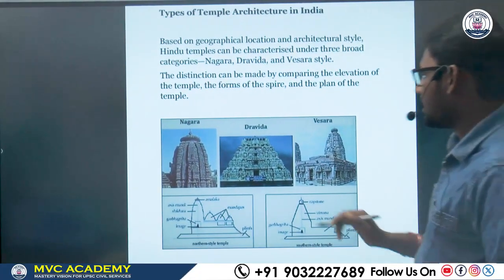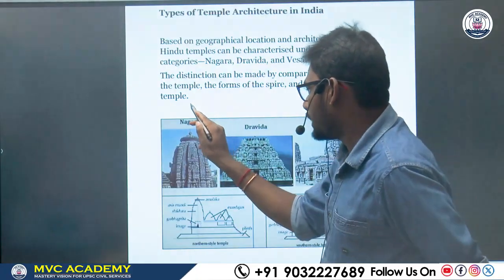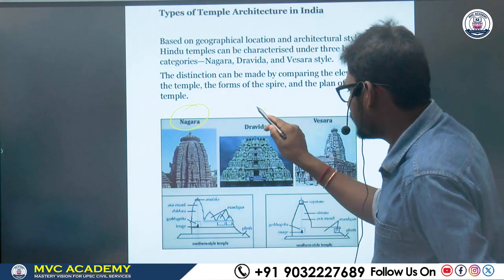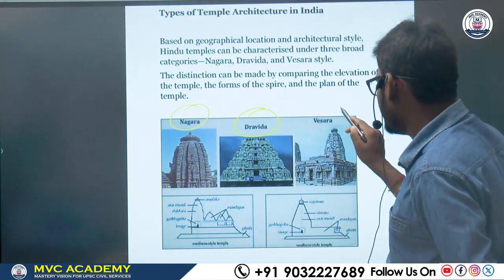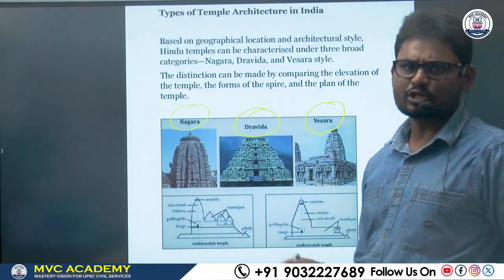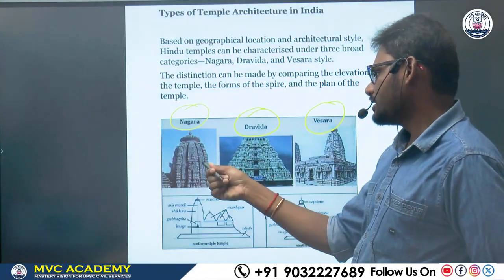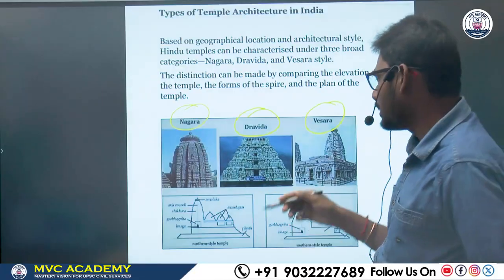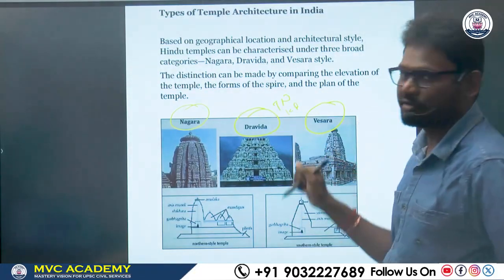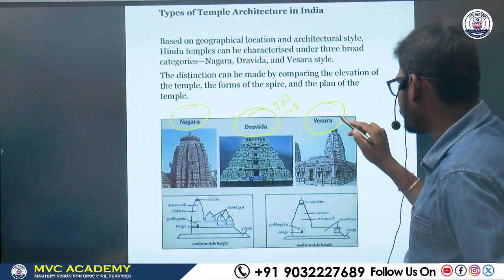Here is an example of Nagara temple architecture. Next, Dravidian architecture, and Vesara architecture. For Nagara architecture, in Uttar Pradesh we can see these kinds of temples. In Tamil Nadu and Kerala, we can witness the Dravidian style of architecture like this. Next, Vesara.